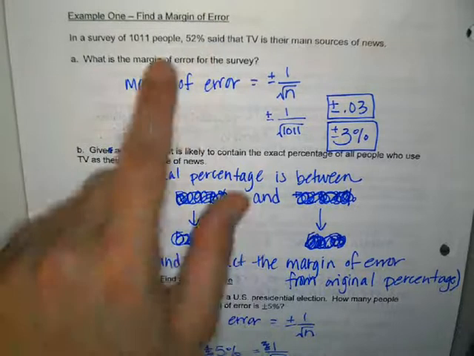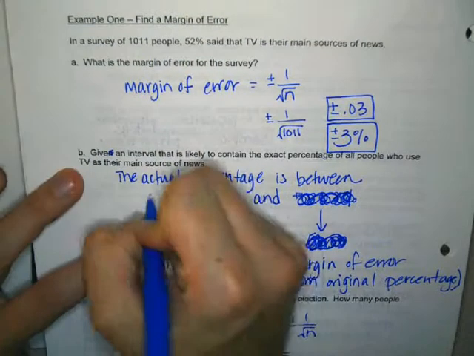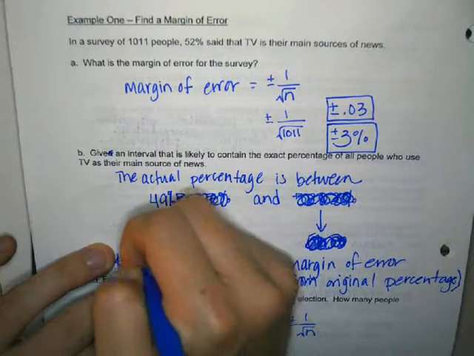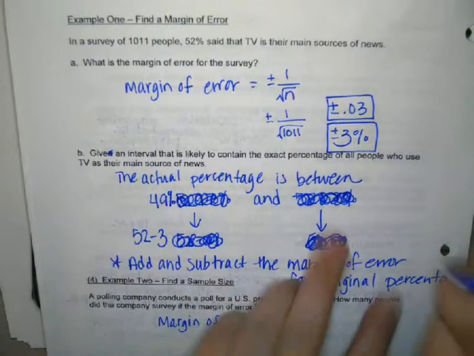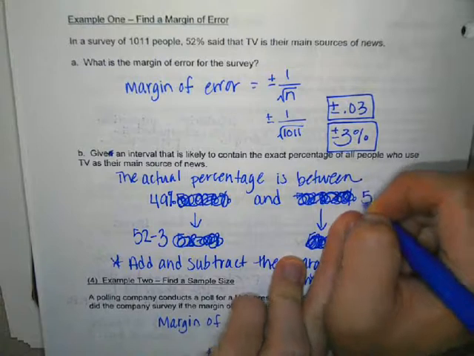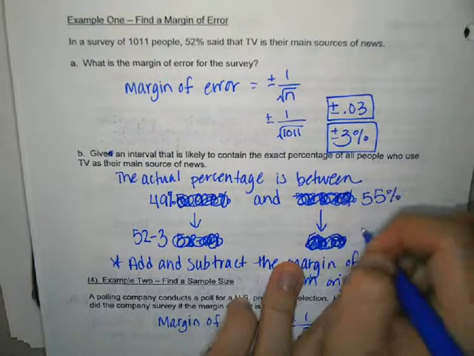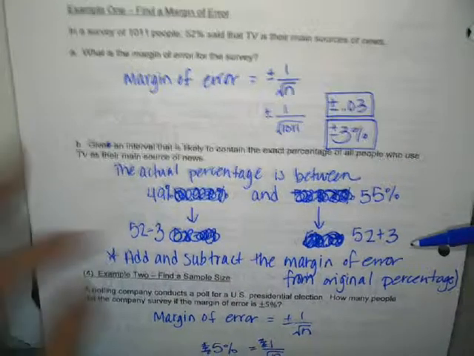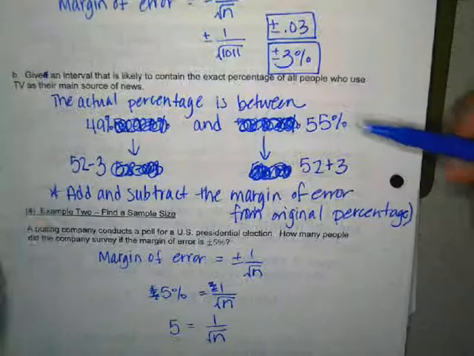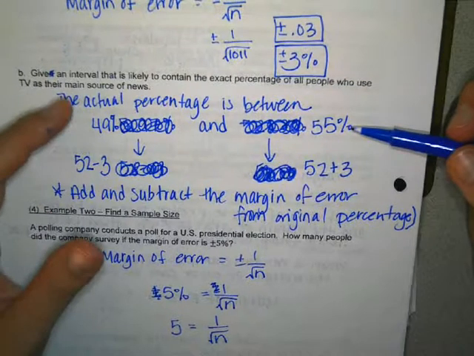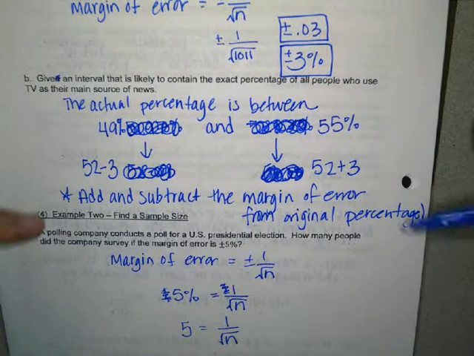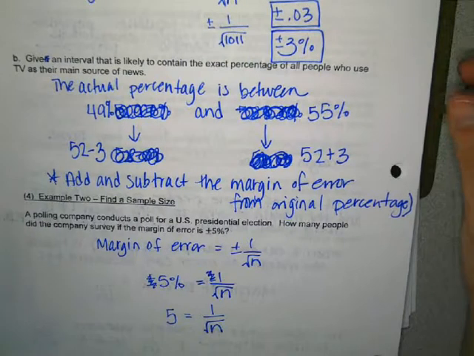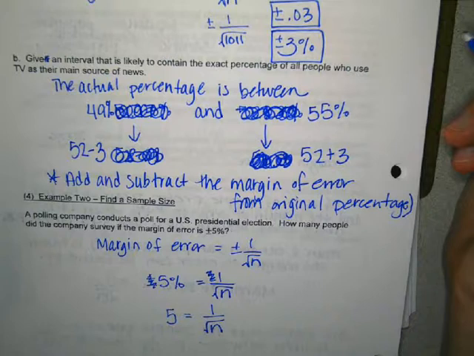So the actual percentage is going to be between 49%, because that was 52 minus 3, and 55%, which is 52 plus 3. So you add and subtract 3 from your margin of error to get the two percentages that your actual percentage could be located between. And so that's just a little note there of what we did. Add and subtract the margin of error from the original percentage.